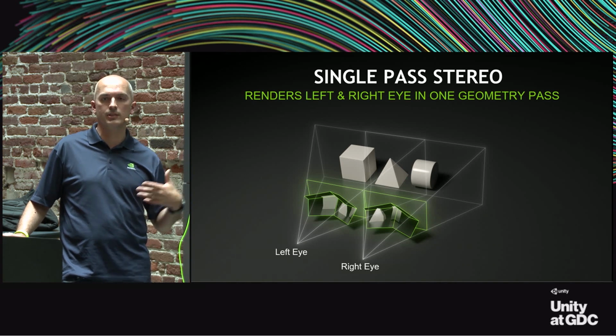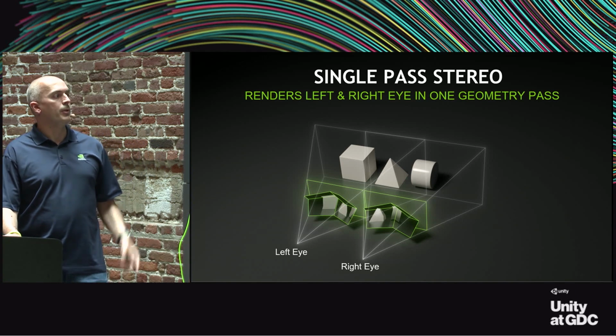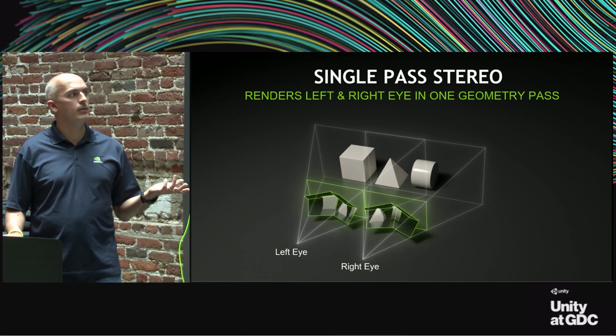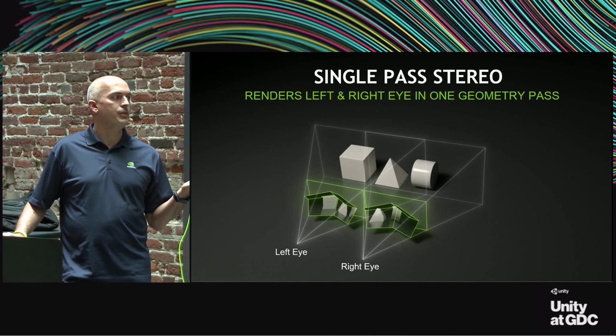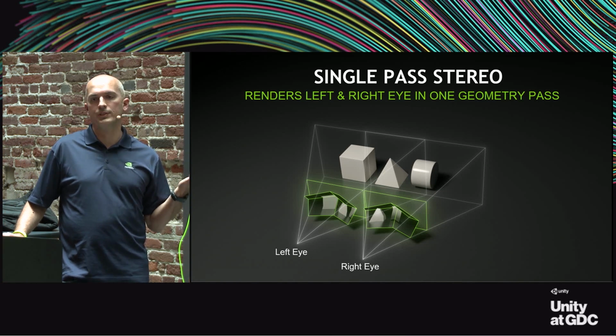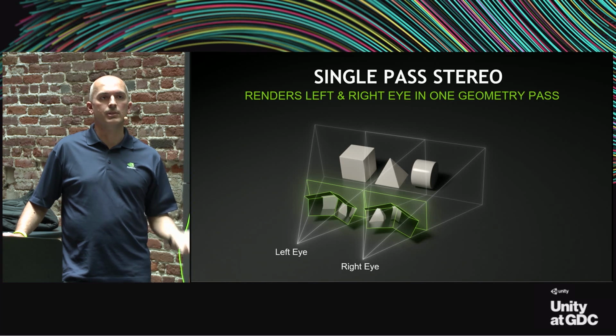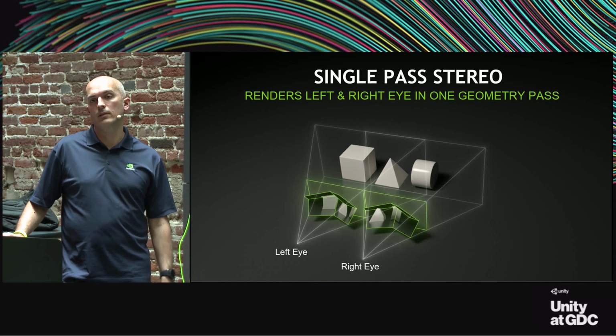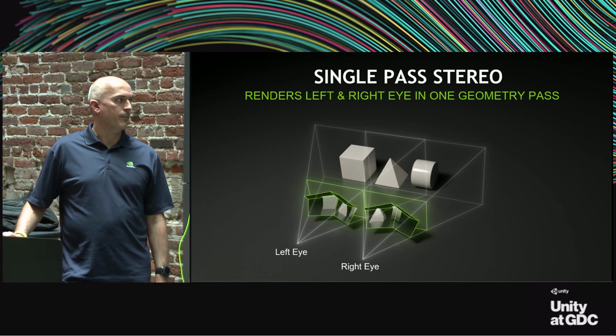It's basically instancing rendering. But in our case, starting with the Pascal architecture, we actually have the ability to process geometry only once and display it for both eyes. So this is the hardware acceleration that's available on Pascal and the future architectures.